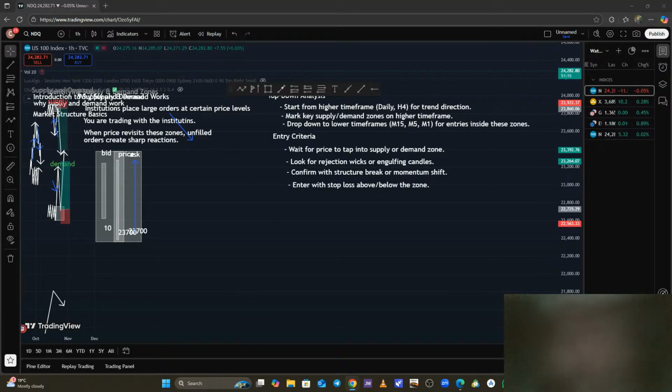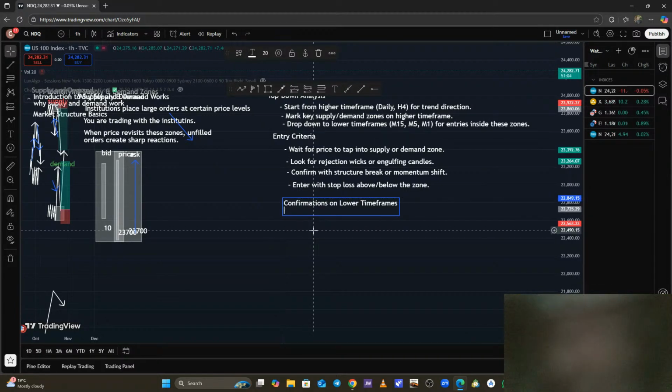Now, I said when you confirm and mark your supply zones on higher time frame, you need to also do confirmations on lower time frame. So you need to confirm break of structure, because we said in top down analysis, the last part is drop to lower time frames, 15 minutes, 5 minutes, 1 minute for entries inside these zones.